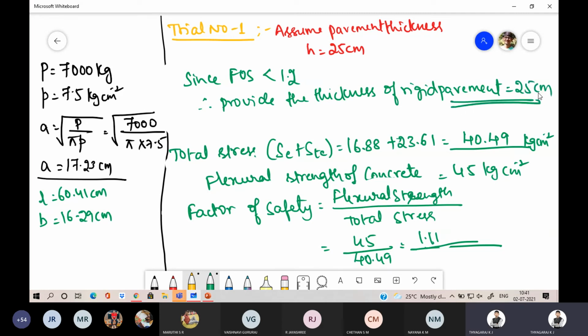Okay. So if the factor of safety is less than 1.2, we can say that the pavement is safe, and we are going to provide a thickness of 25 centimeter. Okay, is it clear? This completes the problem. Is it easy or difficult? Easy, sir. Easy. Okay.